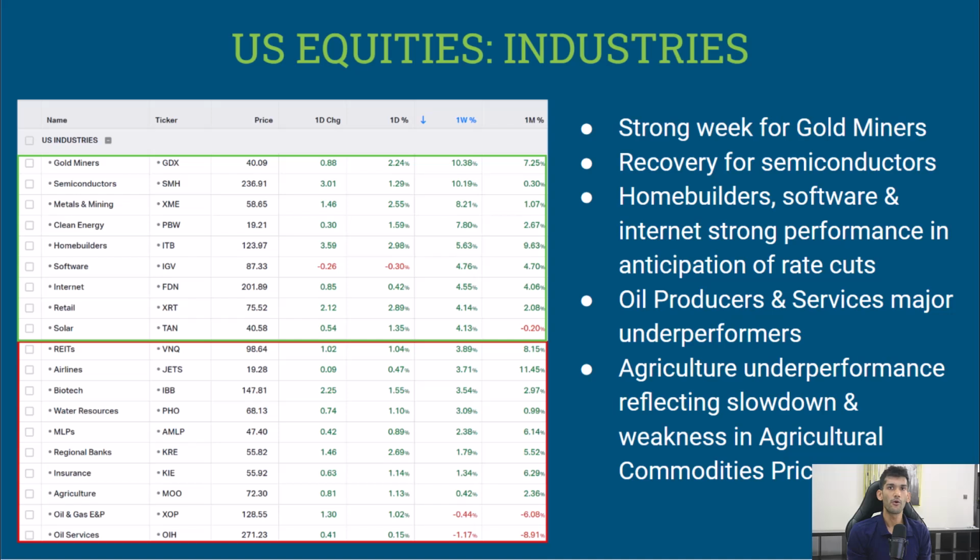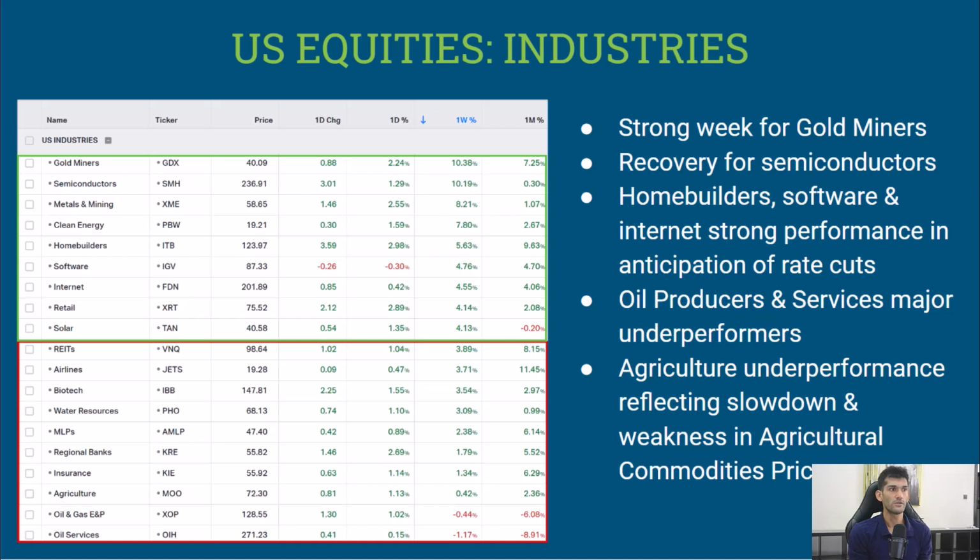Let's get a bit more granular now and move from the sector to the industries level. It's been a strong week for gold miners, particularly as the gold price has kept rallying. We've also seen a recovery in semiconductors, which bodes well for the technology sector. Home builders, software and internet stocks have also been performing really well, especially in anticipation of rate cuts.